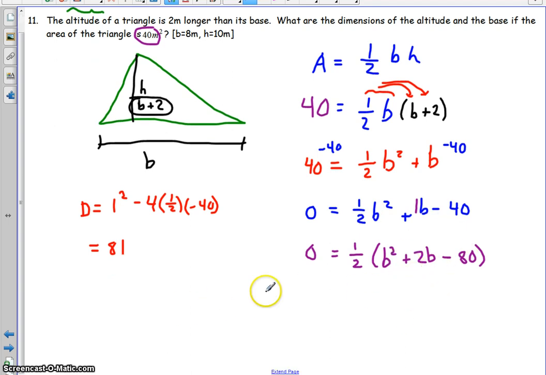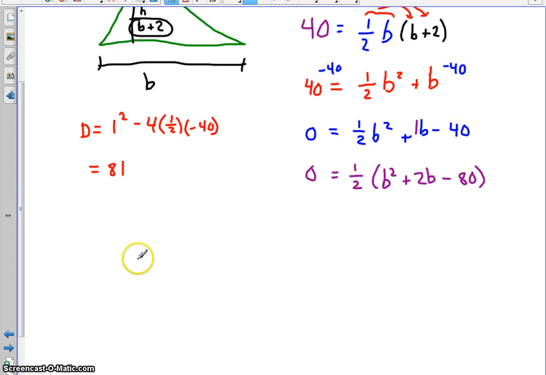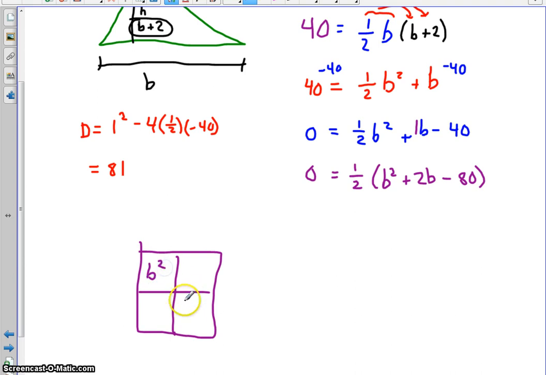What's left over here, b squared plus 2b minus 80, is actually a simple trinomial, so I want to factor that. What I'm looking for is two numbers that multiply to negative 80 but add to 2. Those two numbers are positive 10 and negative 8. So I'm going to get 10b in here, negative 8b in here.